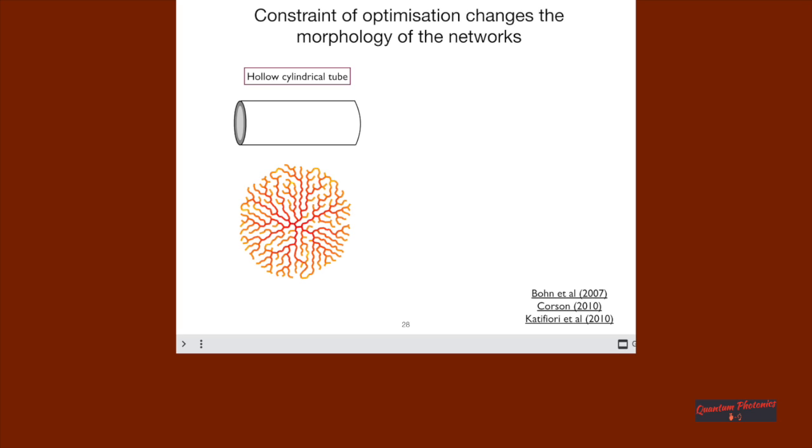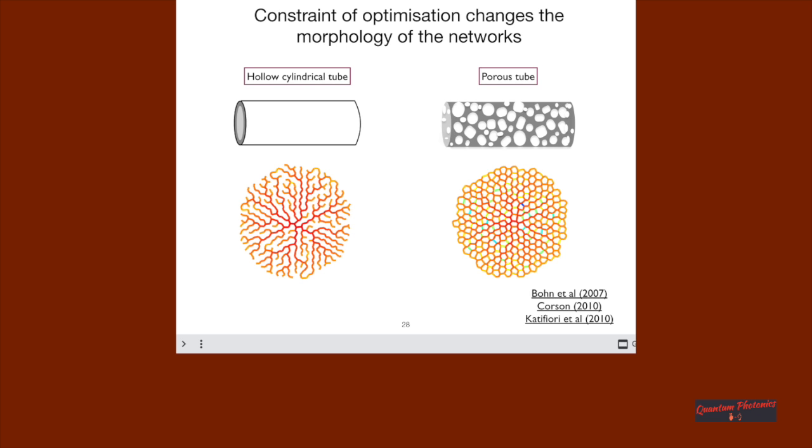But if I make a network with porous tubes, shown by the next build in slide 28, which is actually observed in the case of plant vasculature systems, what we see is that the adaptive network, or the stable network created from such tubes, is basically a very loopy network.